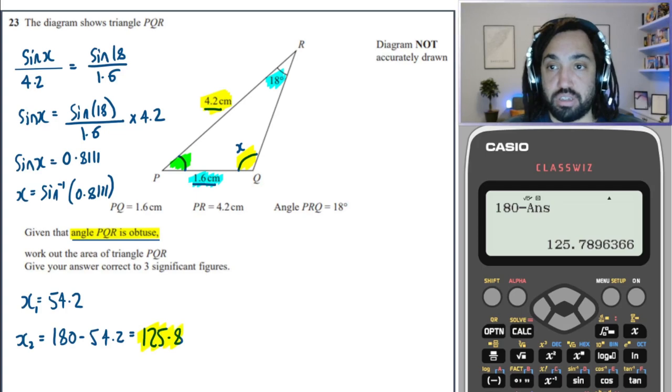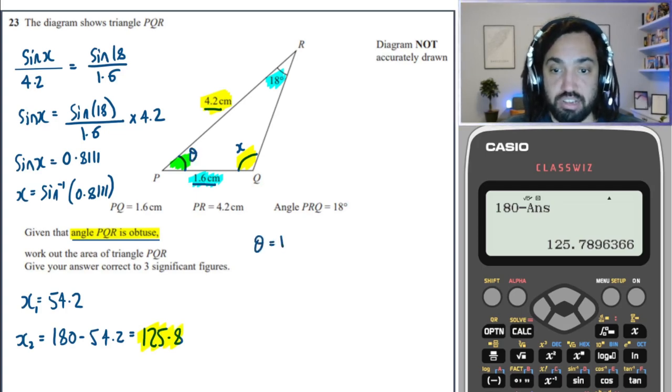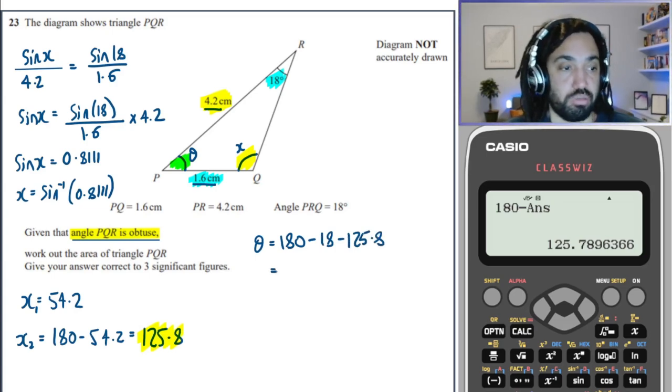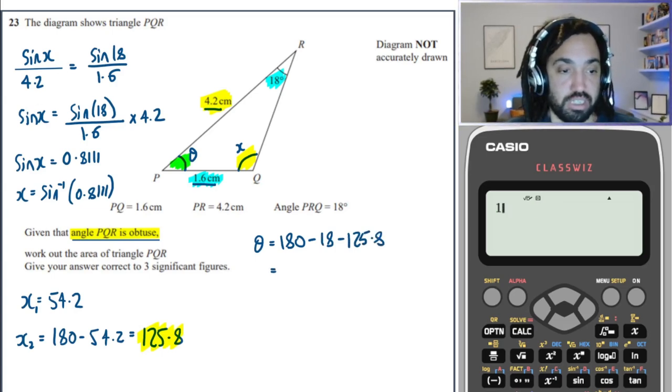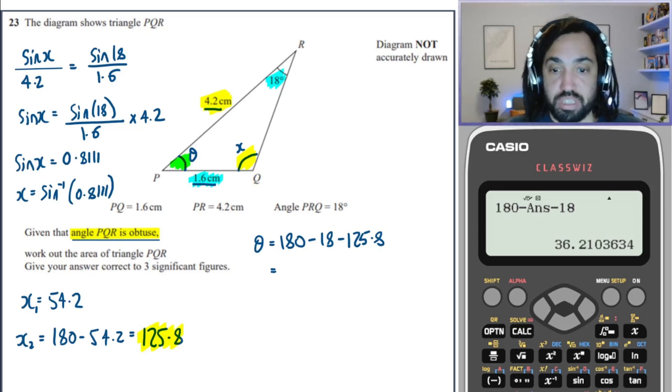So now to find our green angle, let's call it theta. That will be 180 minus the blue minus the yellow, like so. So we could do that on our calculator. We do 180 minus the previous answer minus 18 as well. So we get 36.2.